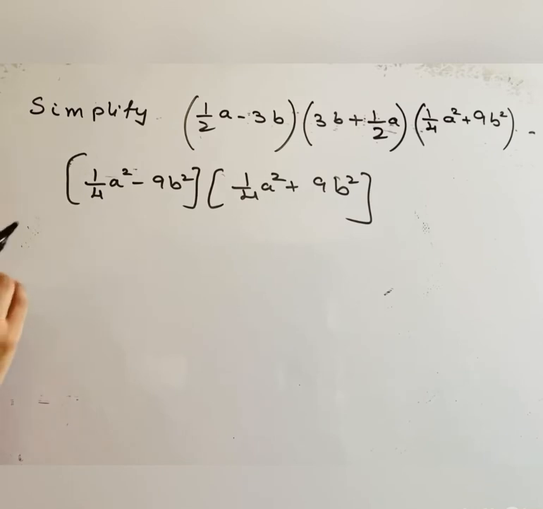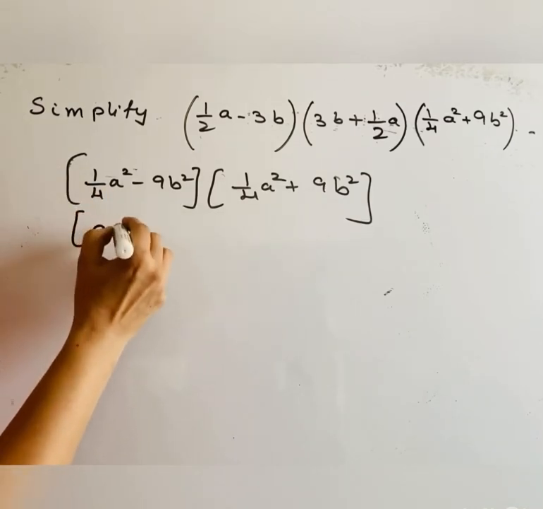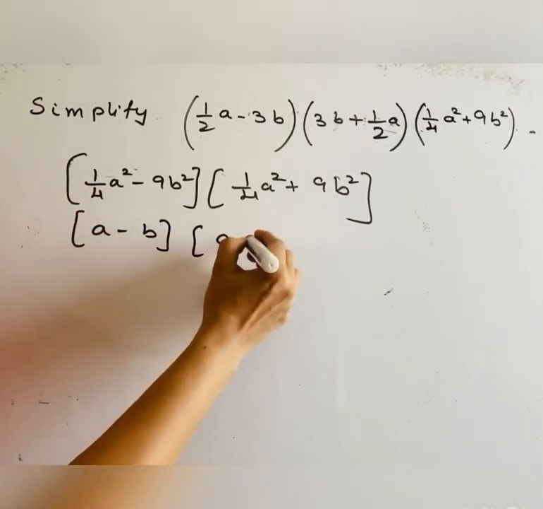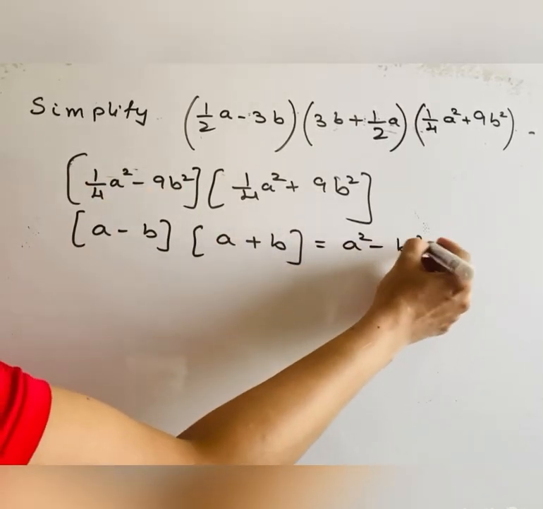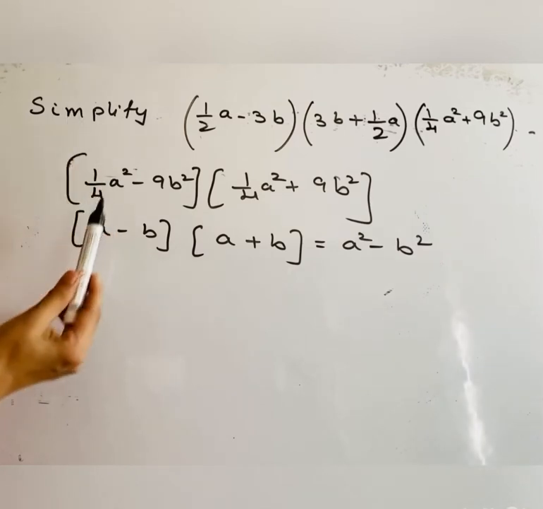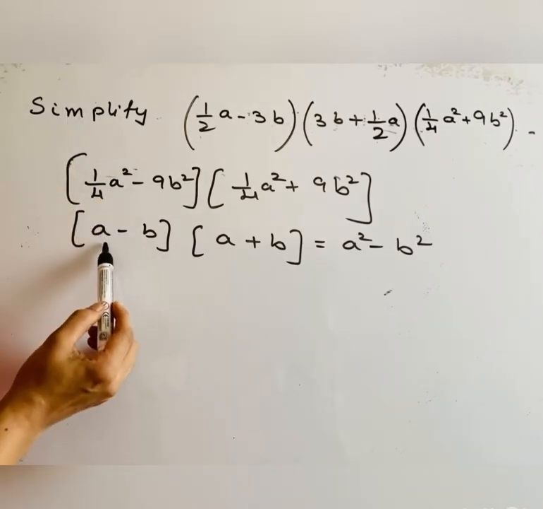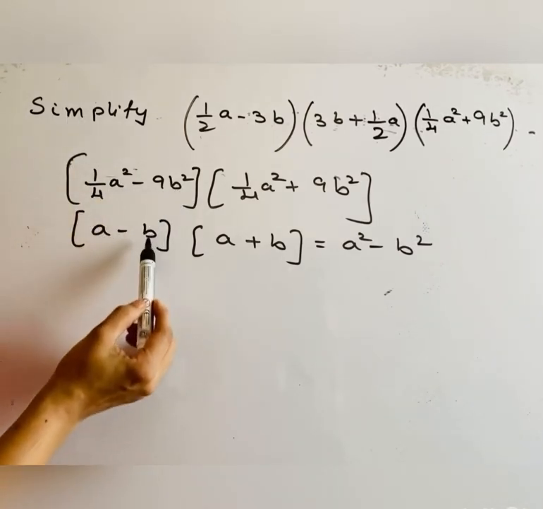Now again we will use the same identity, that is (a - b)(a + b) = a² - b². The only thing is that now we have 1/4 a² in place of a and 9b² in place of b.